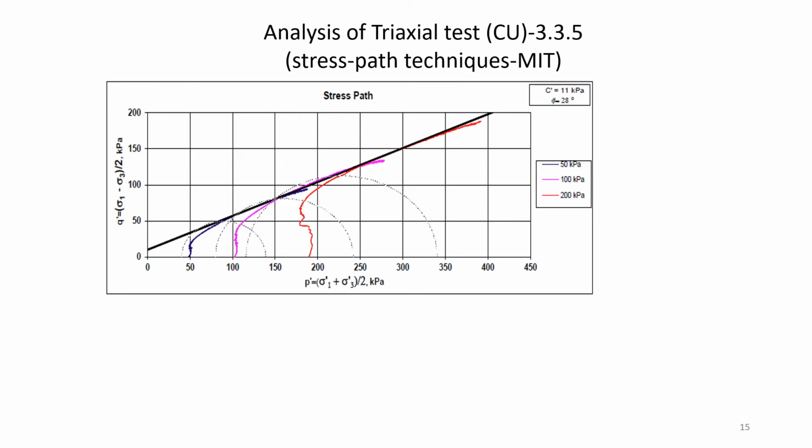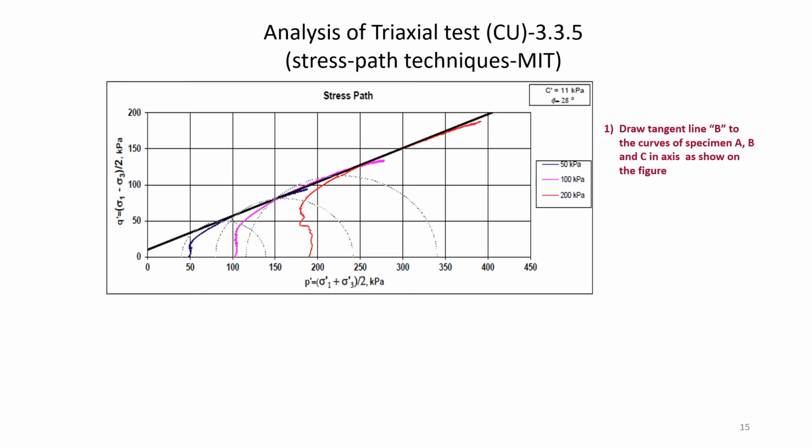Now, there is another technique, stress path. What you're doing here is drawing curves based on these results, using sigma 1 prime, and now you're dealing with major and minor, it doesn't matter which. So you already forget about cell pressure and back pressure, and it's math again: sigma 1 plus sigma 3 divided by 2, and sigma 1 minus sigma 3 divided by 2, okay?